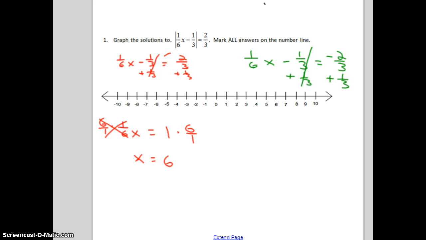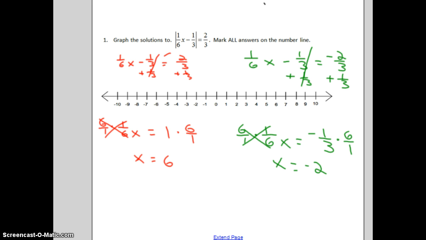So we have 1/6x equals negative 1/3. Again, we're going to multiply by the reciprocal of 1/6 to get x by itself. So we're going to multiply both sides by 6/1. X is now by itself. Negative 1/3 times 6/1 is negative 2.